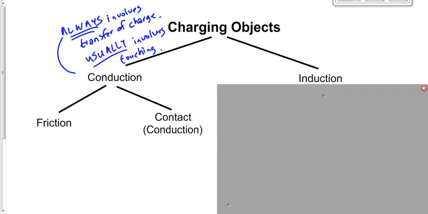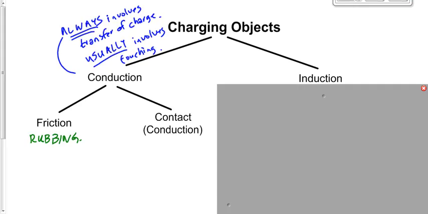Charging by friction, and charging by friction involves rubbing 2 things together. Let's say you rub a balloon against your hair. Electrons from one of those objects will transfer to the other object, making one of them positive, one of them negative. The one that gains electrons becomes negative, the one that loses electrons becomes positive.